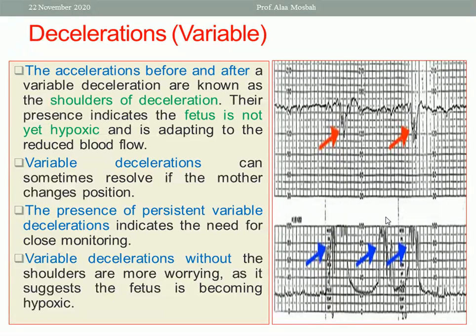So if I see persistent variable deceleration, I should take it as something important and do close monitoring of the patient. What else is important? If I find variable deceleration without shoulders, this is more worrying, as it suggests that the fetus is becoming hypoxic.